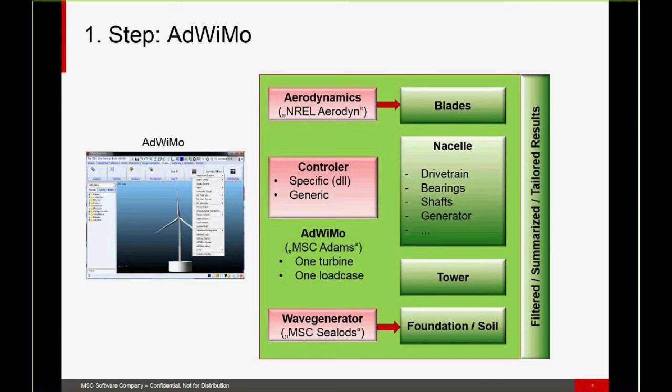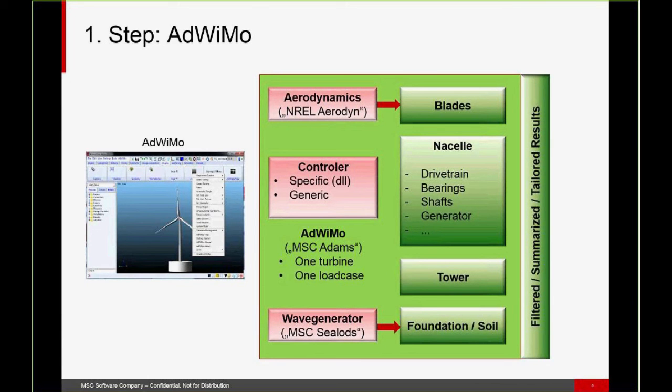If you are more interested in a very realistic and a very detailed behavior of your nacelle, and you are not performing 10,000 simulations, if you're only looking at 20, 30, or 40, then it's perhaps also an opportunity to get a more detailed description of, for example, the drivetrain within a nacelle.